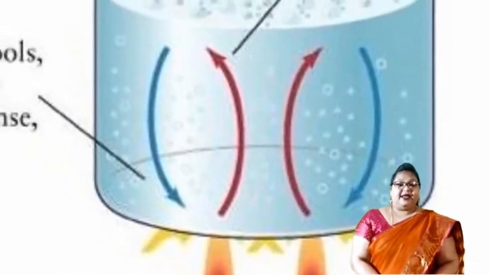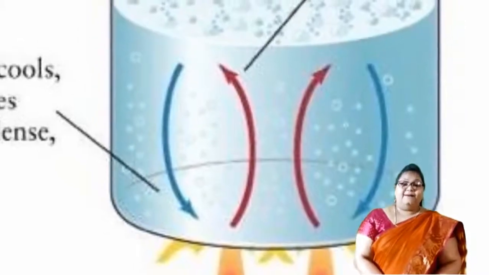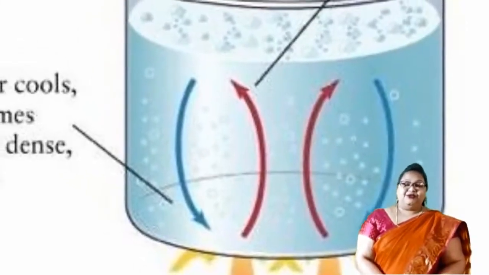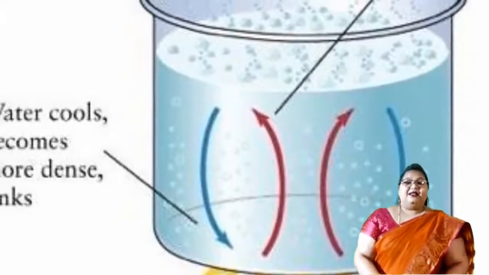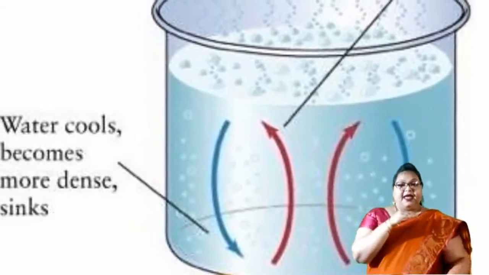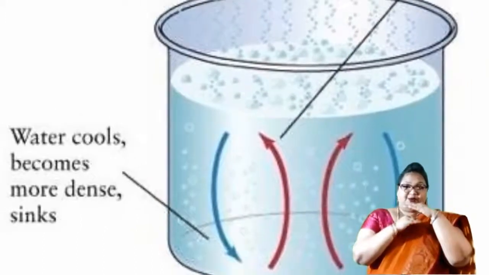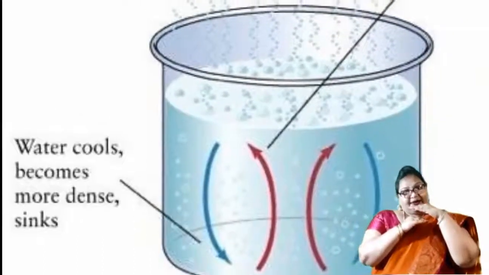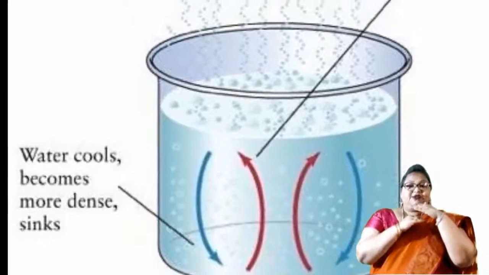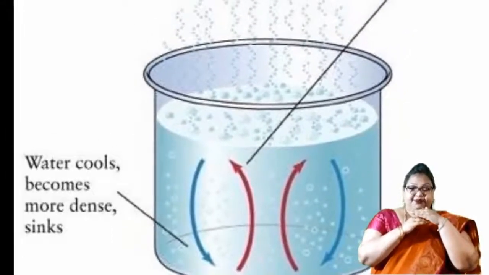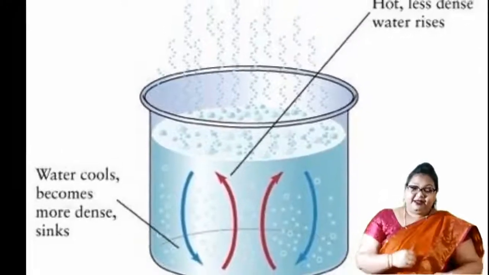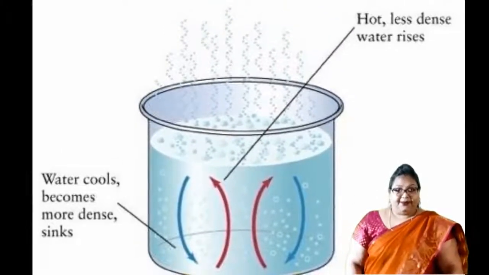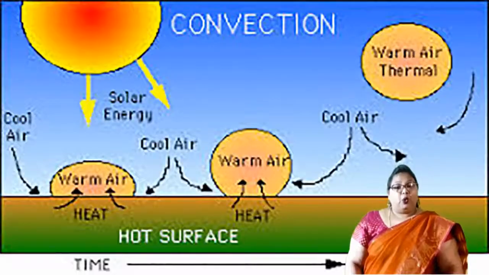The heated air rises up, being lighter. As you know, the same phenomenon happens on the Earth's surface. The air just above the Earth gets heated because of this radiation. As soon as it gets heated, it becomes lighter and rises up, and the colder air from above comes and takes its place.